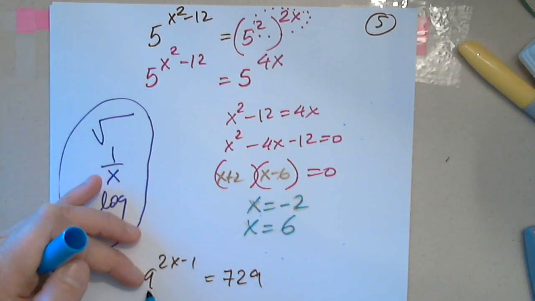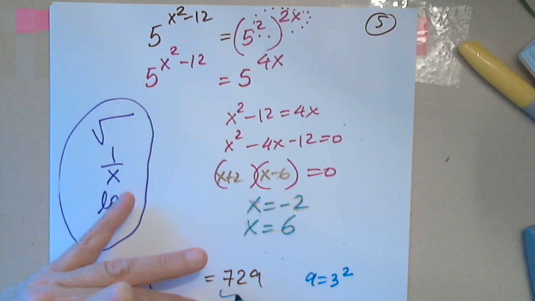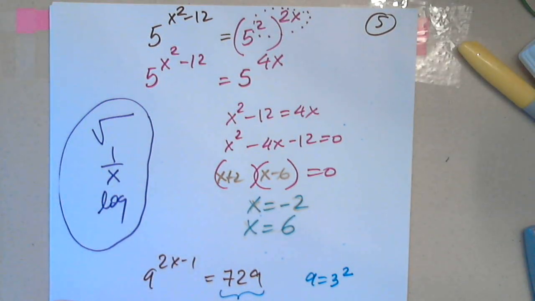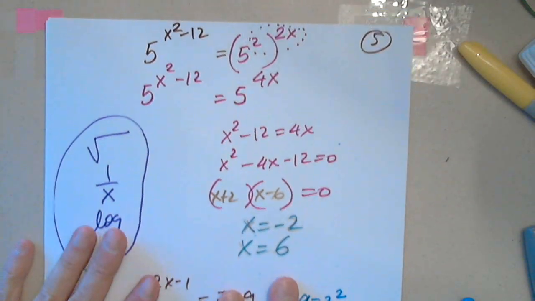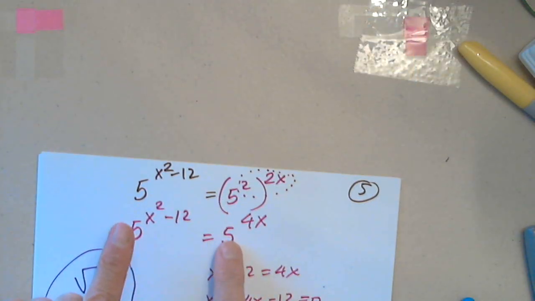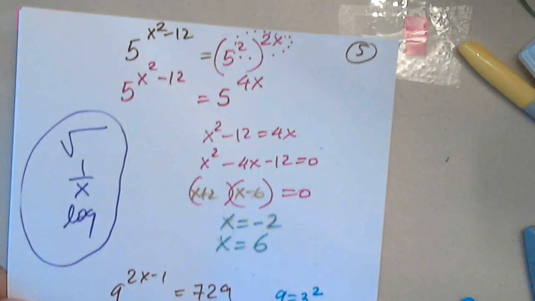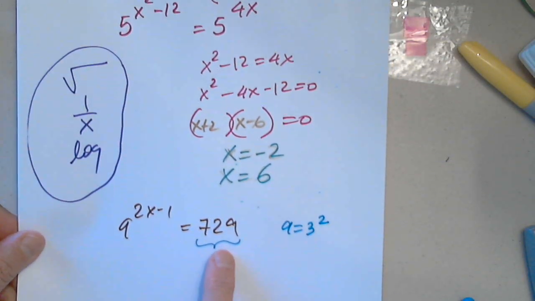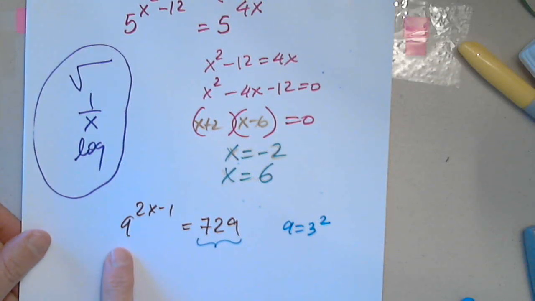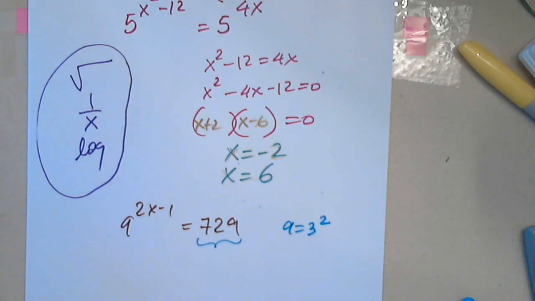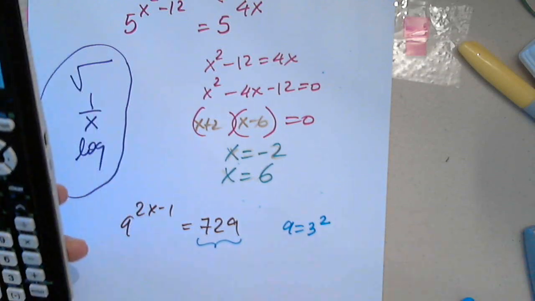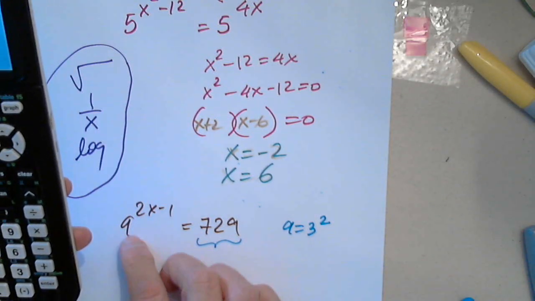I see here 9. Yes, 9 could be written as 3 squared, but I don't really know much about this 729. Now, I prefer having prime numbers as base, but other numbers work as well. So first I'll try to see if 729 is a power of 9.